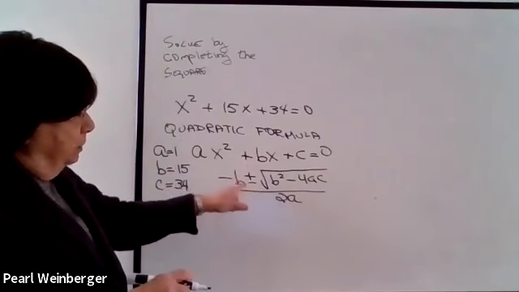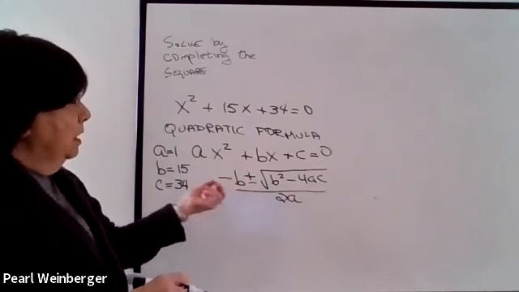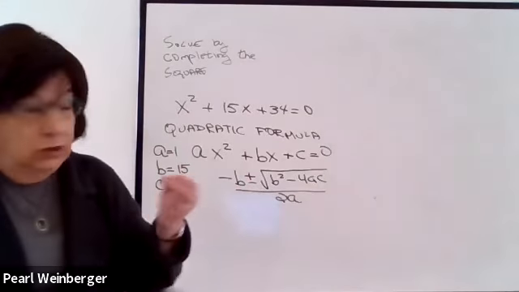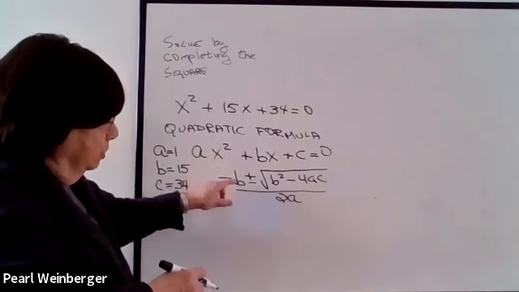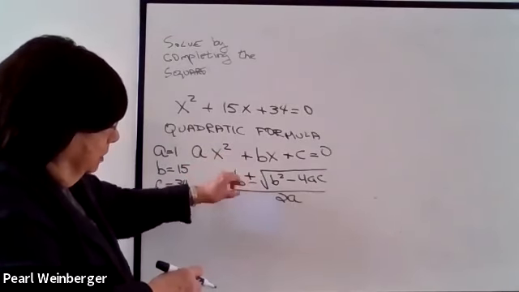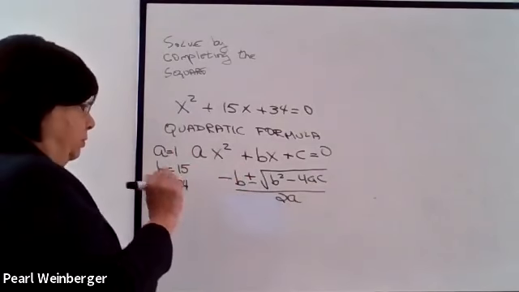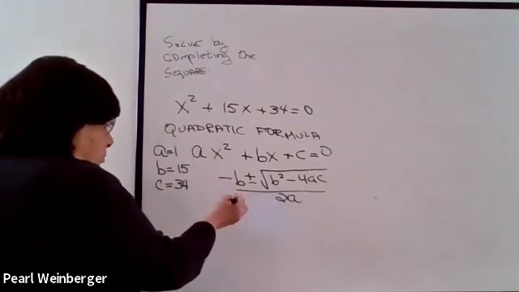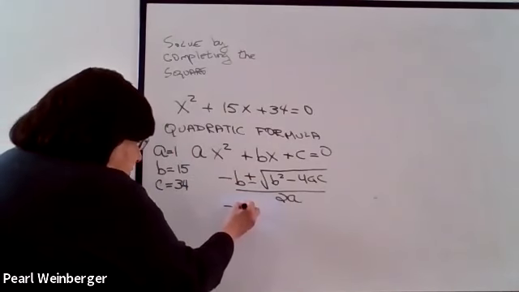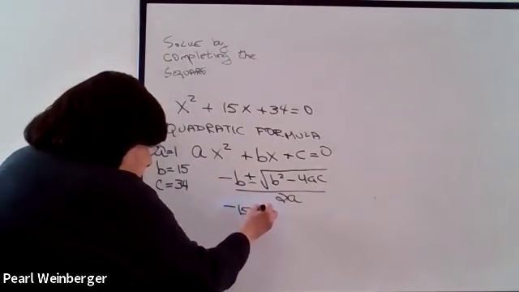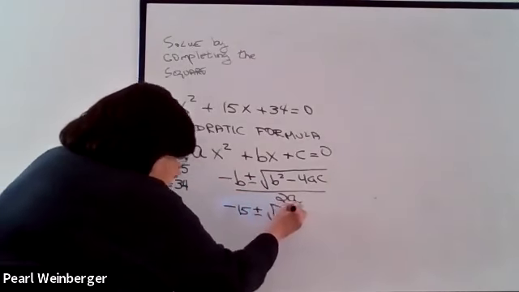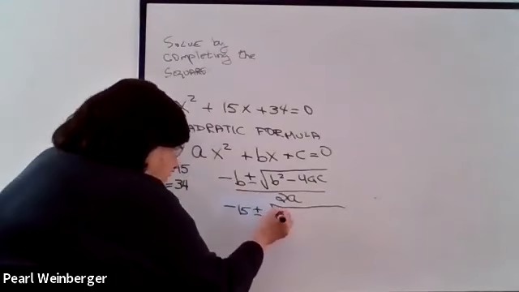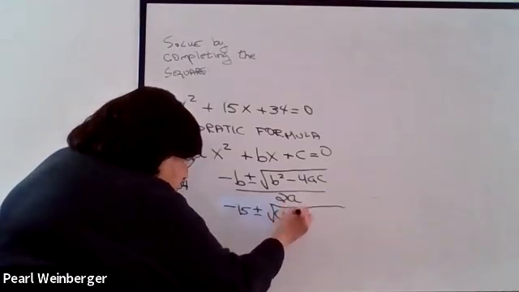Notice we have that special symbol plus or minus because with the quadratic equation, we want to get two answers. When we actually work it out, we're going to do it once with a plus and once with a minus. Look at what we do. I do negative b. Now my b is 15, so it's negative 15, plus or minus the square root of my b squared, so that's 15 squared.